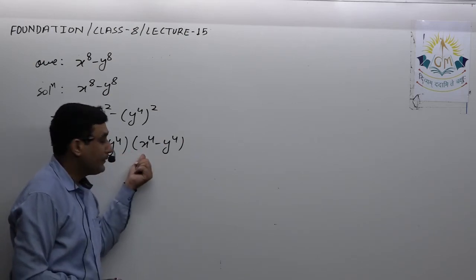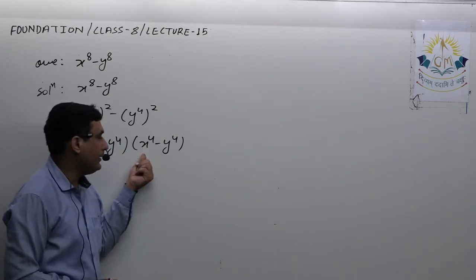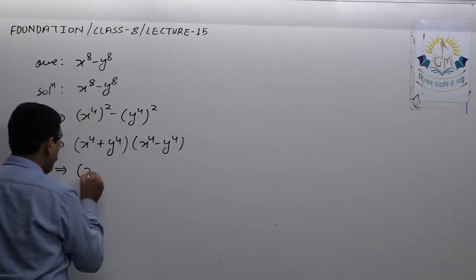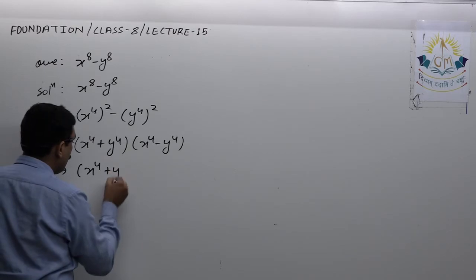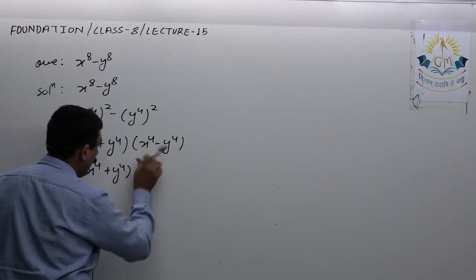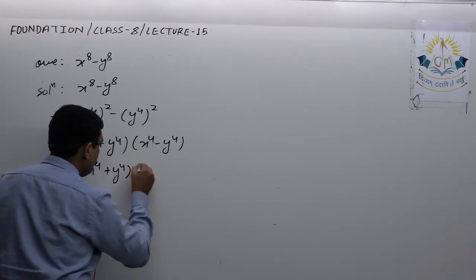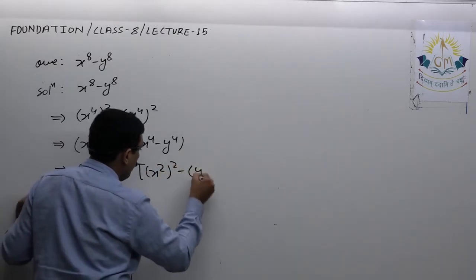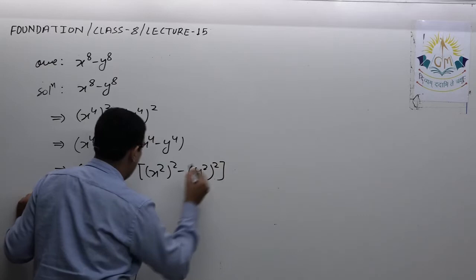So here definitely this x raised to 4 can be written in the form of a complete square, as well as this y raised to 4 can be written as a complete square. So I write over here (x square) square minus (y square) square.